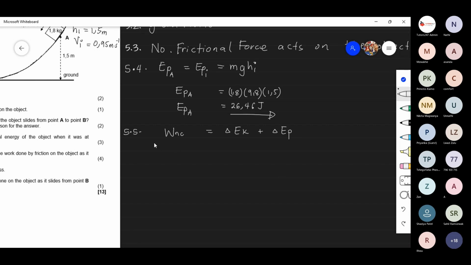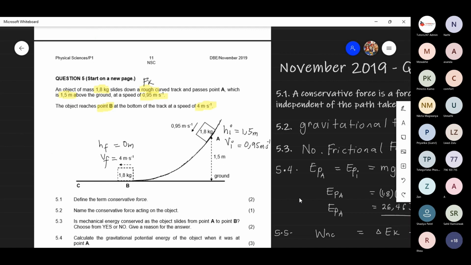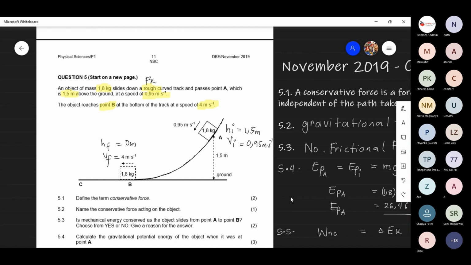So for this left-hand side, we need to go back and see what forces are acting here. So we have normal force, applied force, gravitational force, and frictional force. We're going to ignore normal force because the work done by normal force is always 0.